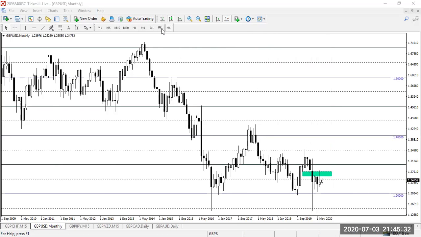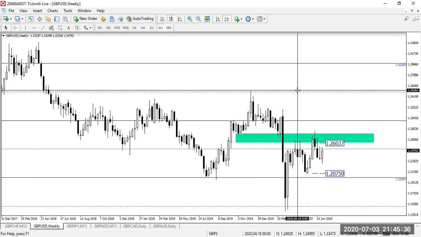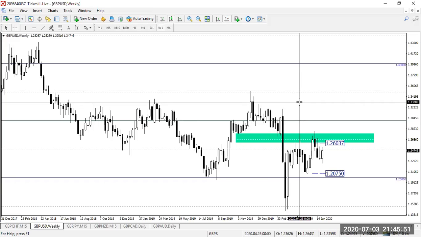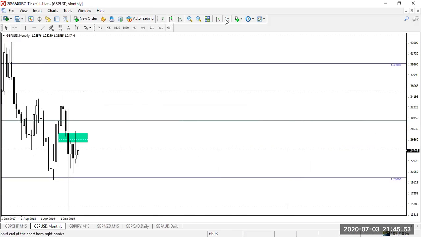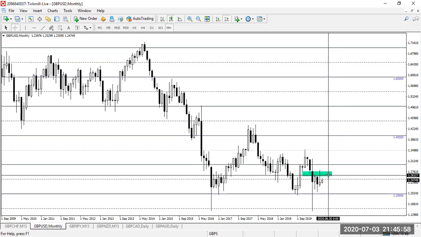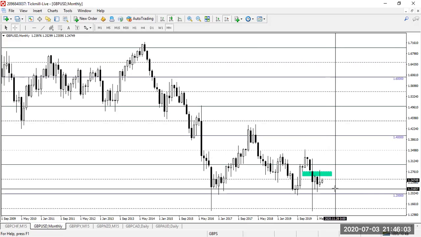To get more information, let me go down to the weekly time frame. So this is the weekly time frame. This is the last candle of the month. You can see how bearish it is. But before I come here, from the monthly time frame, as long as price is below this zone, our playing ground is going to be between these two zones here.